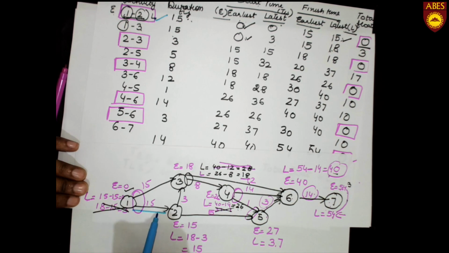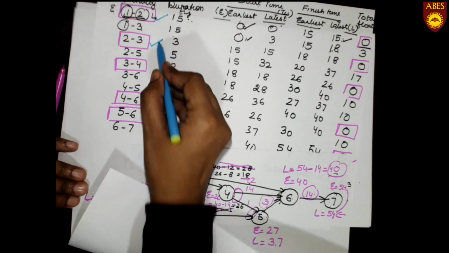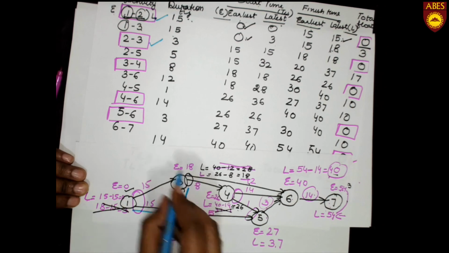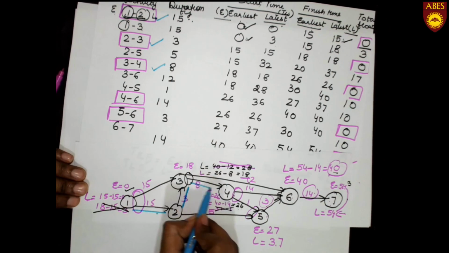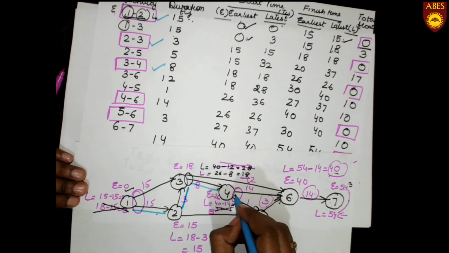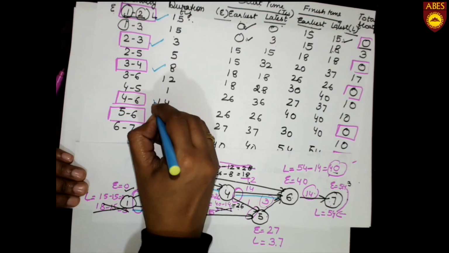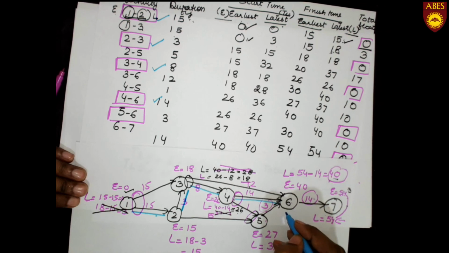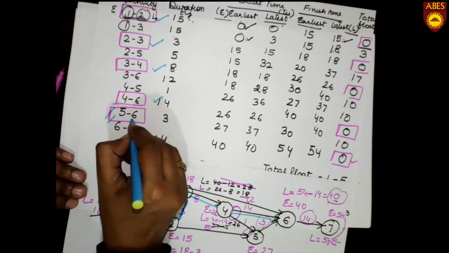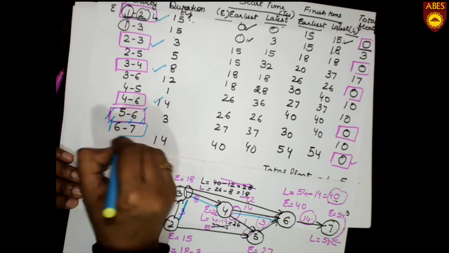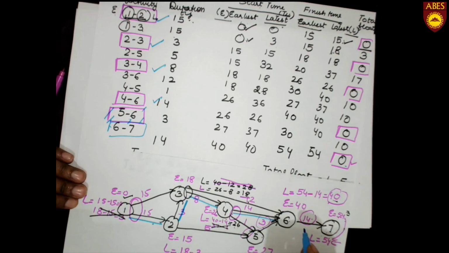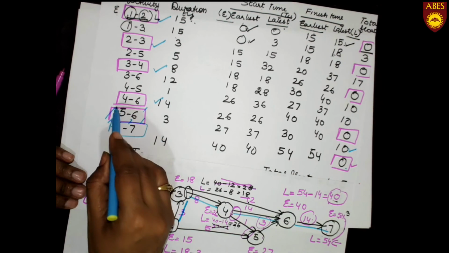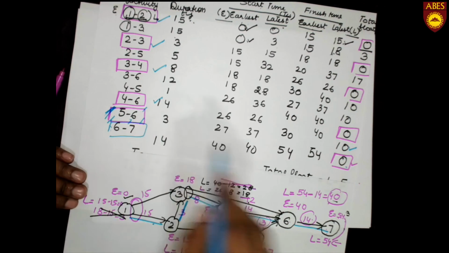From 1 to 2, next is 2 to 3, next is 3 to 4, next is 4 to 6, and 6 to 7 is our critical activity. Sorry, I said it wrong; this one has a total float of 10. It is not right. 6 to 7.